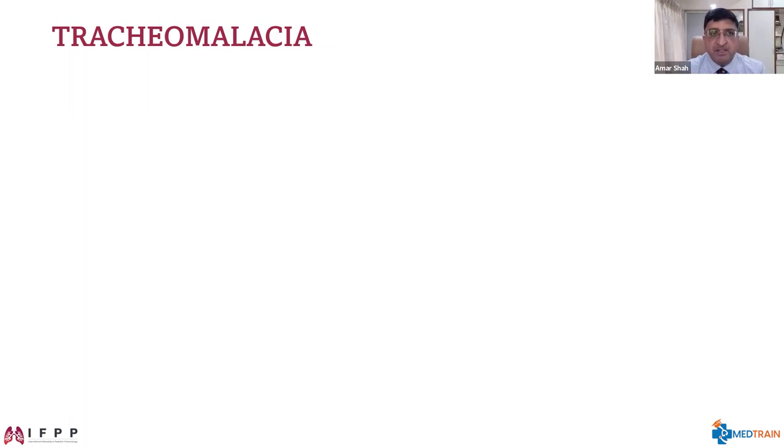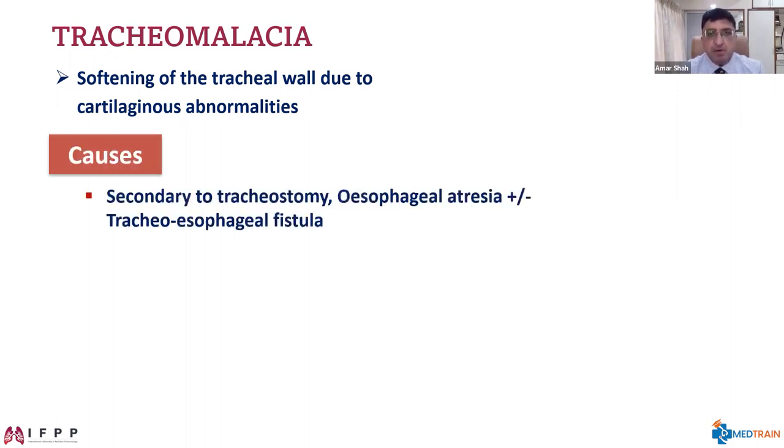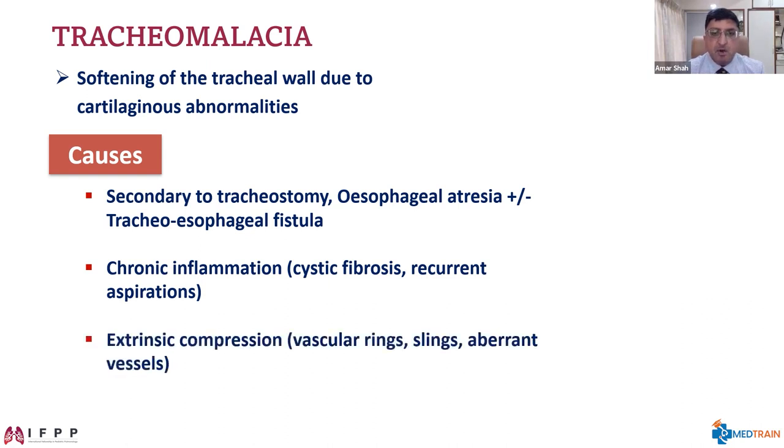Next is tracheomalacia. Tracheomalacia is softening of the tracheal wall due to cartilaginous abnormalities. The causes can be secondary to tracheostomy, esophageal atresia with or without tracheoesophageal fistula, chronic inflammations like cystic fibrosis or recurrent aspirations, extrinsic compressions by vascular rings, slings or aberrant vessels, and neoplasms.